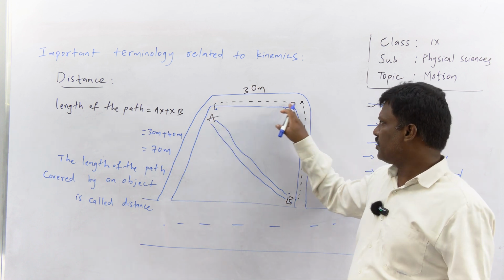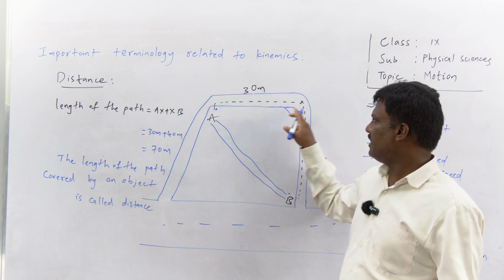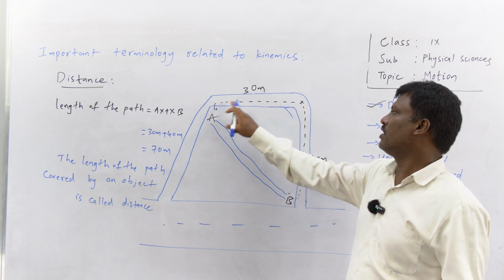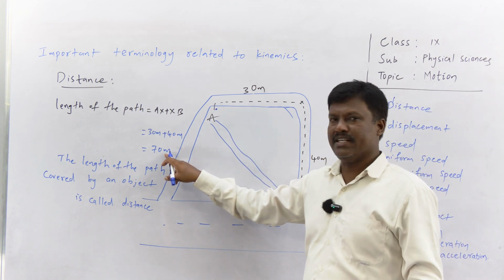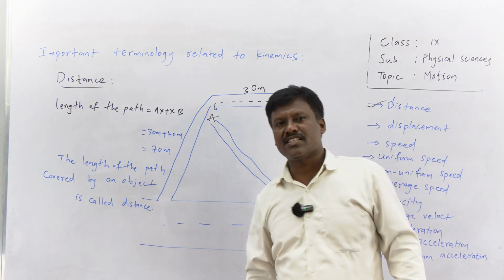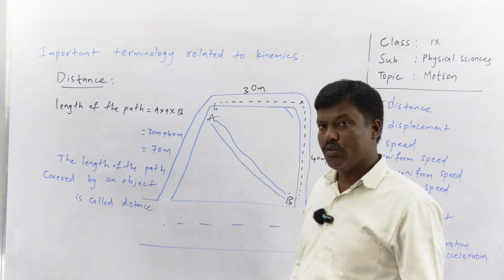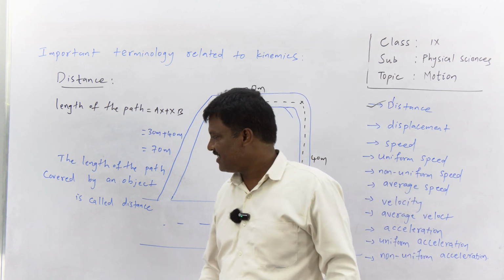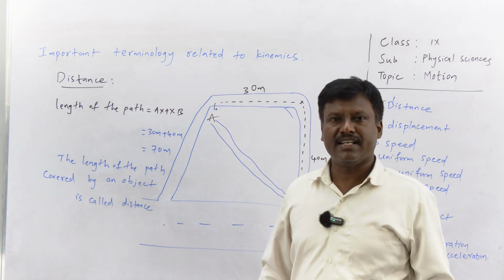Okay, along this path you have reached your friend's house. So this length of the path is 30, this length of the path is 40. The total length of the path you have traveled is 30 plus 40, 70 meters. That is equal to the distance traveled by you from your house to your friend's house. Then how do you define the definition of distance? Length of the path covered by an object is called distance.